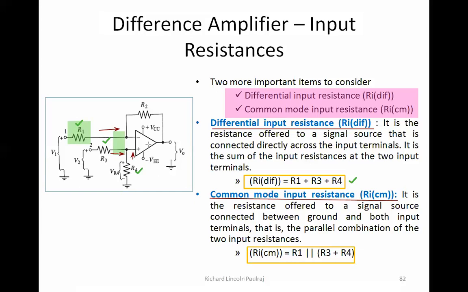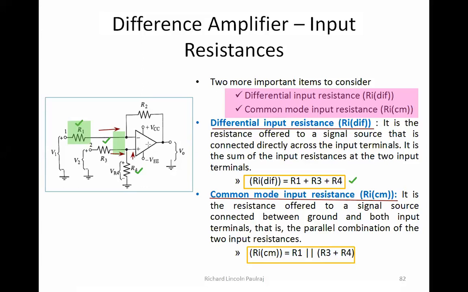Or you can take it in the other way. A differential amplifier is nothing but amplifying the differences in the input. So what are the inputs here? The negative terminal and the positive terminal, the inverting and the non-inverting terminal. What are the resistances connected to these inputs? R1, R3, R4.